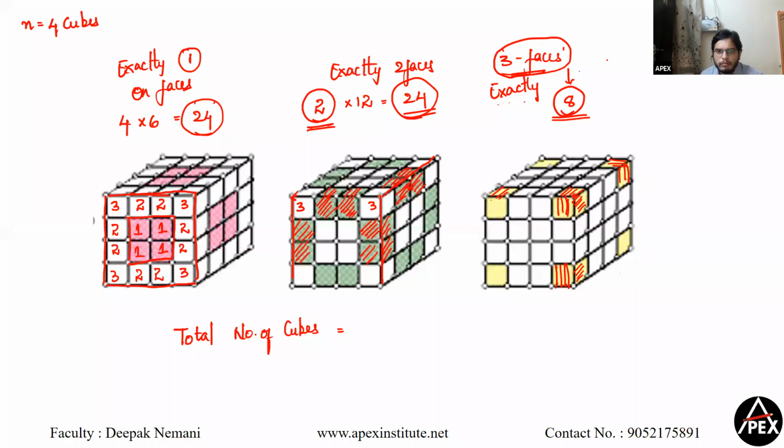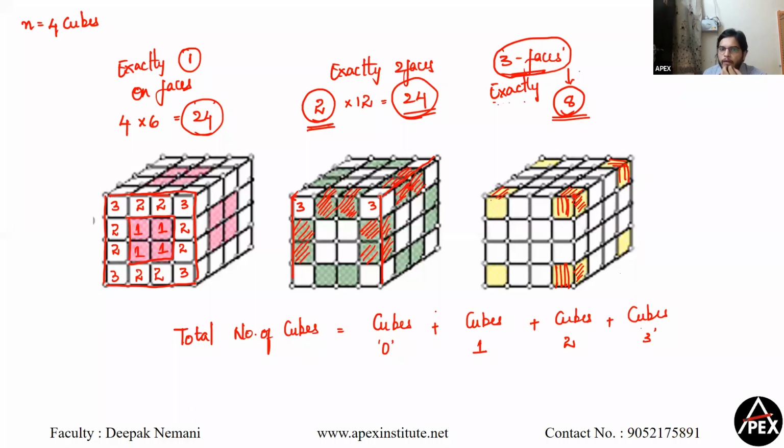Yes. So I can say that the total number of cubes is equal to cubes with exactly 0 faces painted plus cubes with exactly 1 face painted plus cubes with exactly 2 faces painted plus cubes with exactly 3 faces painted.